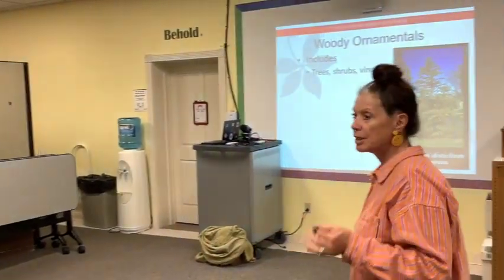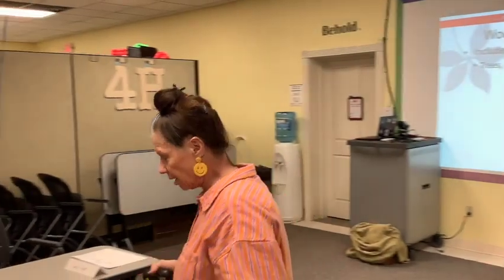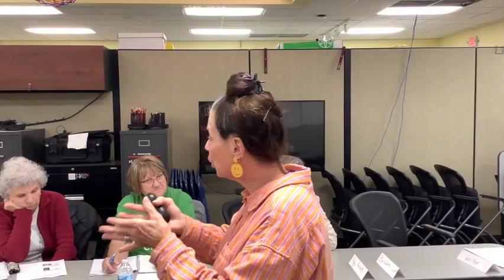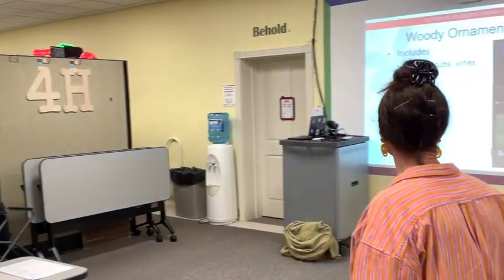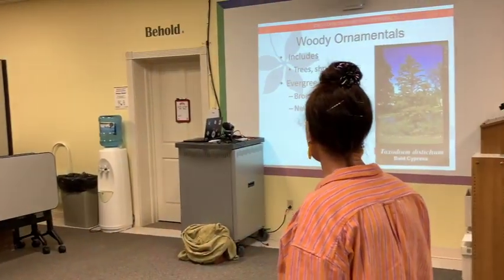So woody ornamentals have in their system lignin, or the bark, the hardwood or softwood rather, is made of lignin. Whereas herbaceous ornamentals are green tissue, soft green tissue. So all of our woody ornamentals, we classify as having wood, and this includes trees, shrubs, and vines.